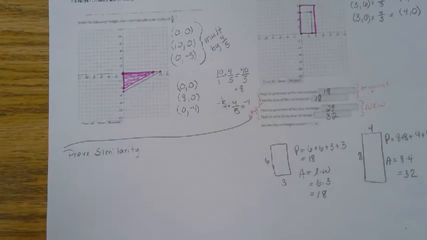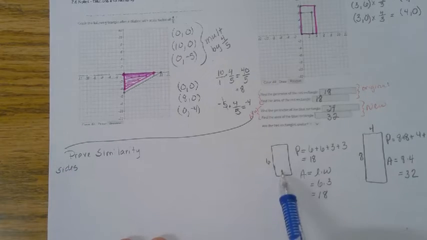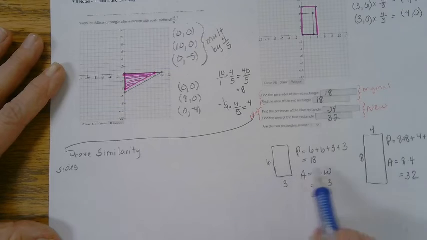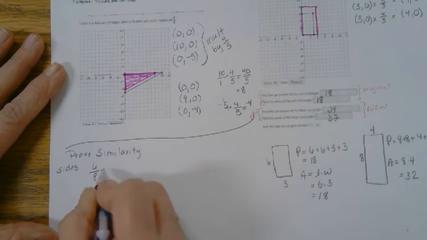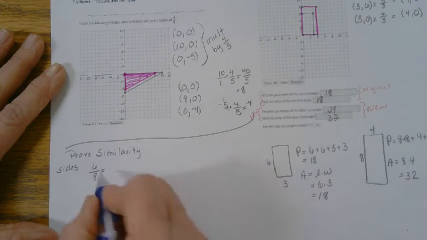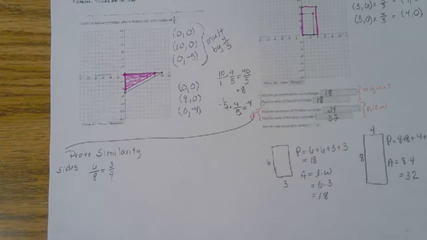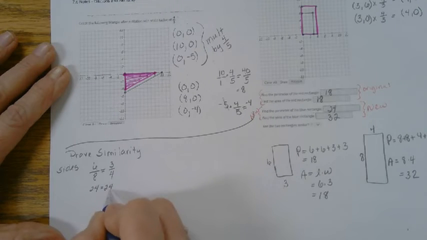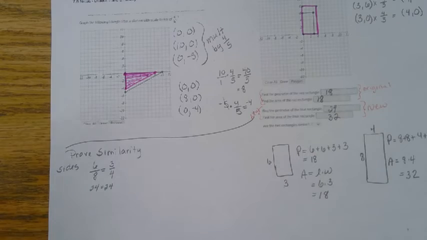We can do it by the sides, looking at the sides from the first one to the sides from the second one. So long side to long side, 6 to 8, equals short side to short side, 3 to 4. Cross multiply these, and if they're equal, then that means it's similar. And it is, right? 6 times 4 is 24, 8 times 3 is 24.